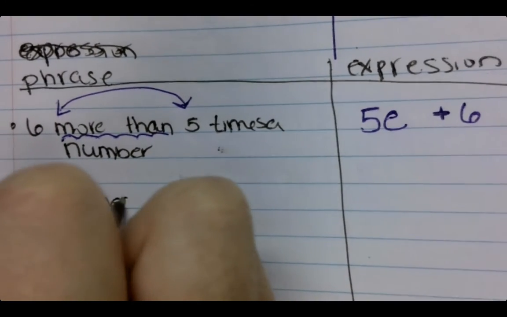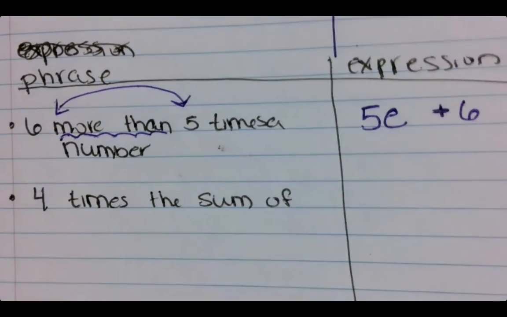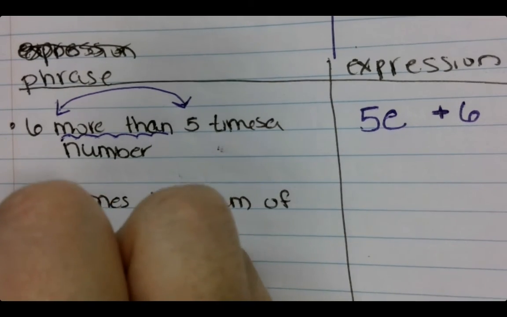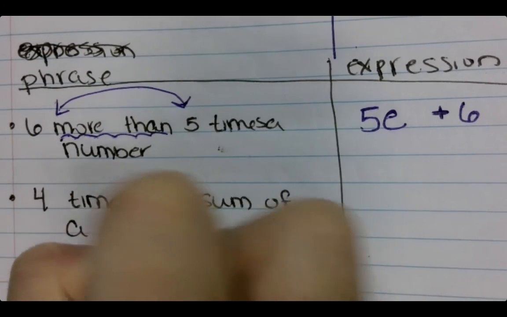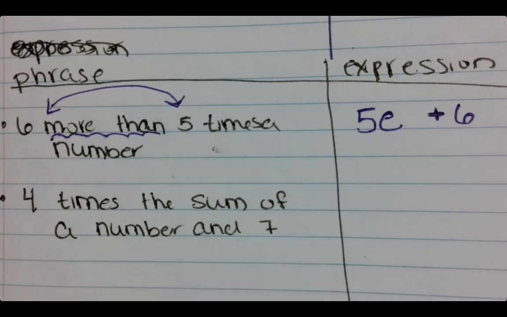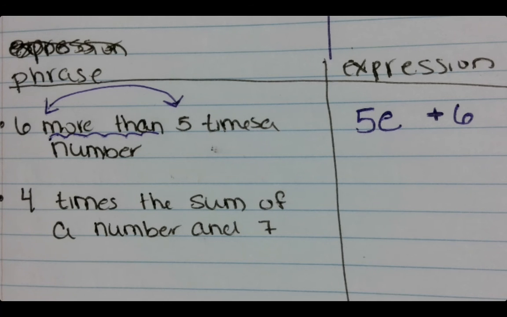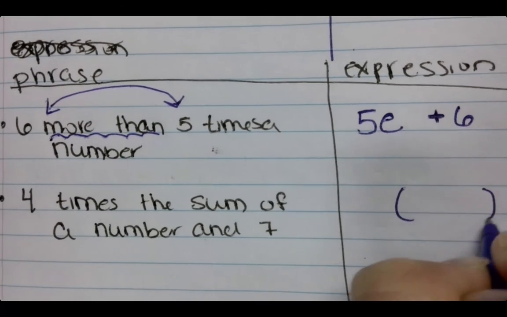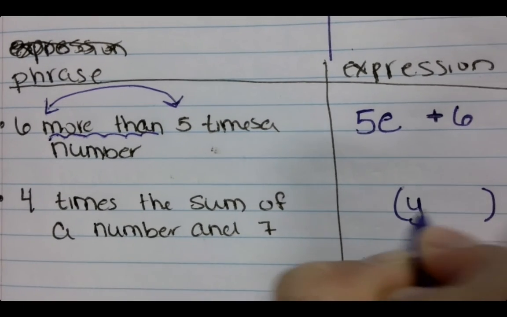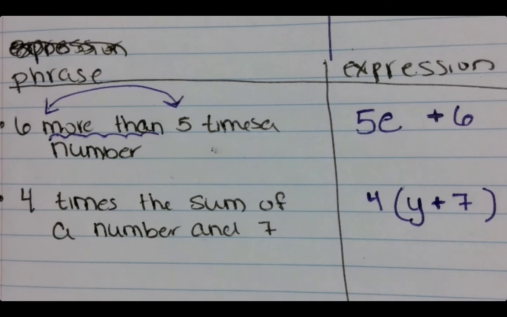4 times the sum of a number and 7. Because it says the sum of a number and 7, that means that we want to get that answer first, which means the answer of some letter plus 7 is going to be multiplied by 4.